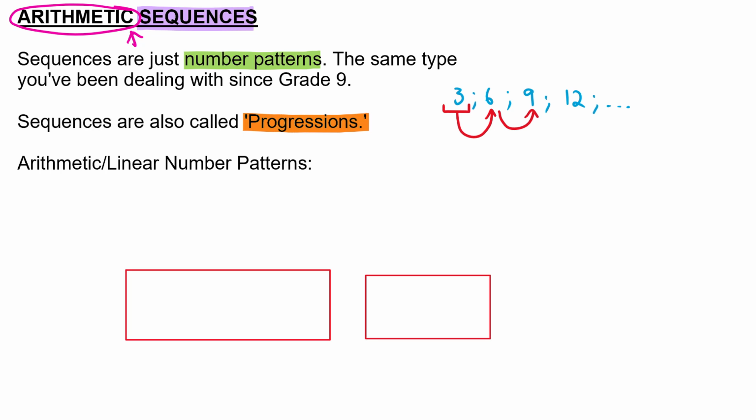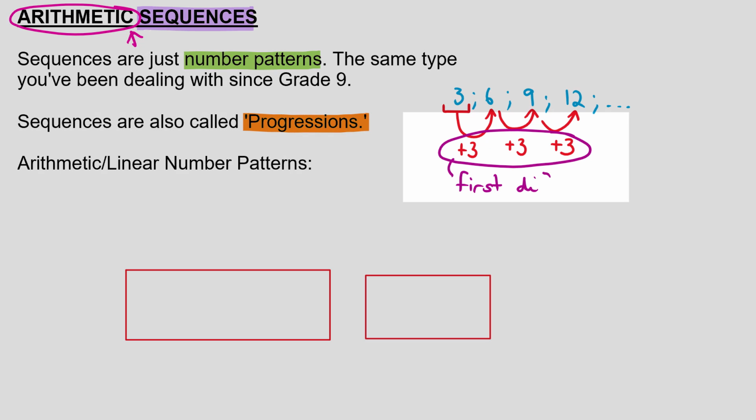And how do I progress onwards and onwards? And hopefully you see that in this case, every time we move from one term to the next, we go about adding 3. And these set of numbers that we get when we add, those numbers there, that we call the first difference.